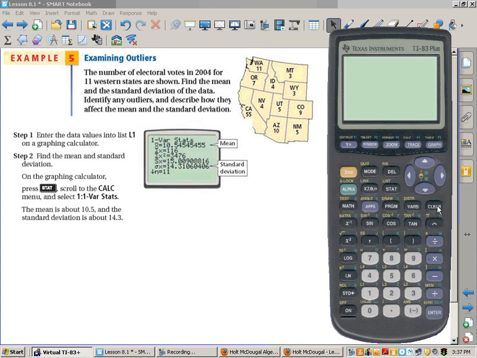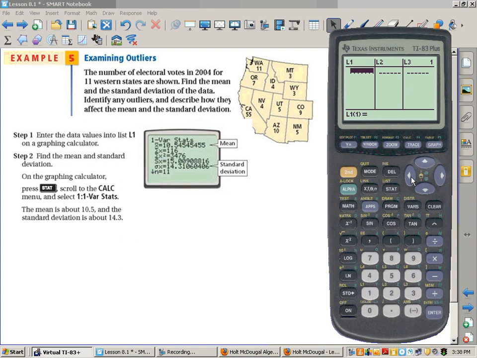In order to do that, hit the stat key and edit a list. We're going to clear all the data out of list 1. If you have anything there, hit clear and enter, and it clears it all out. If you have anything in list 2, clear that out too.